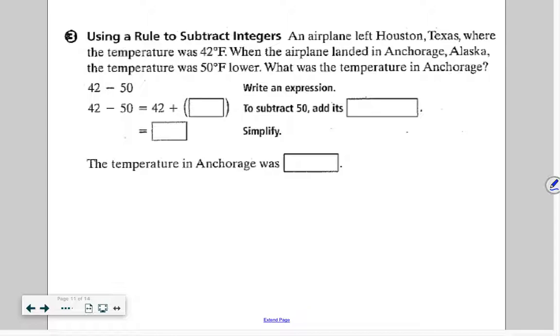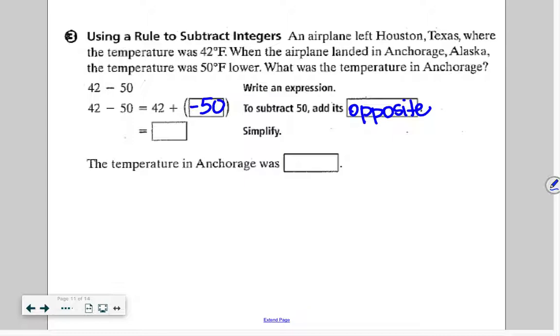So, to subtract 50, we add its opposite. So in our expression over here, 42 minus 50, they changed subtraction to addition, and what did they change 50 to? Negative 50. 42 plus a negative 50.